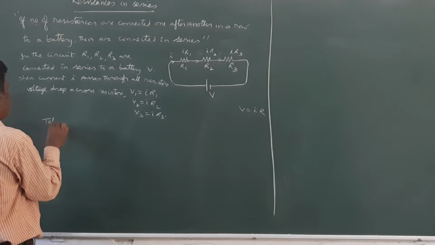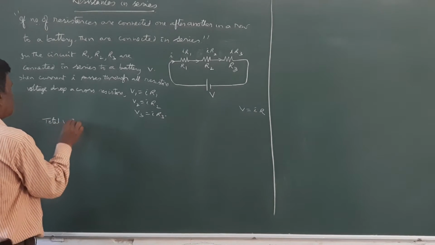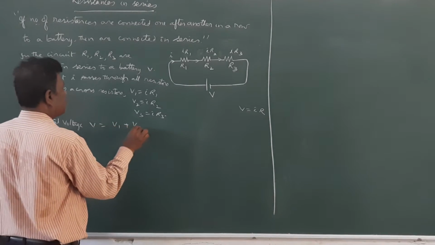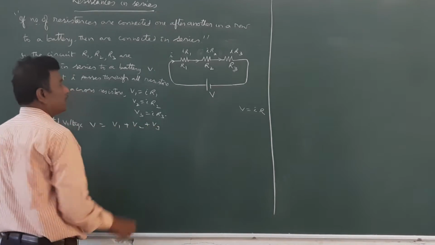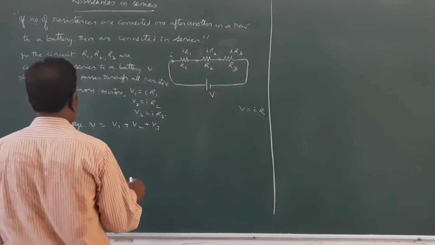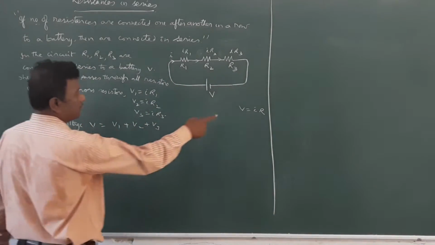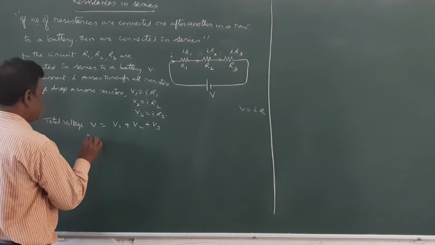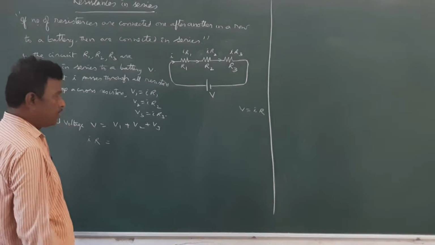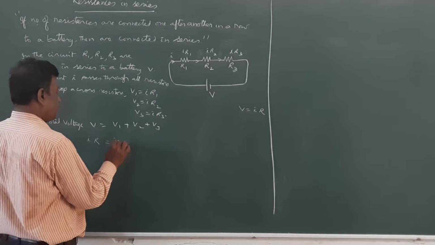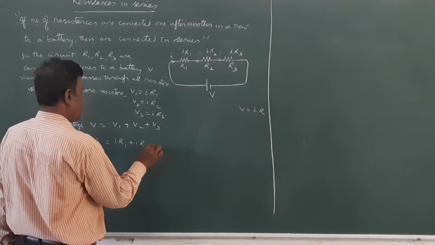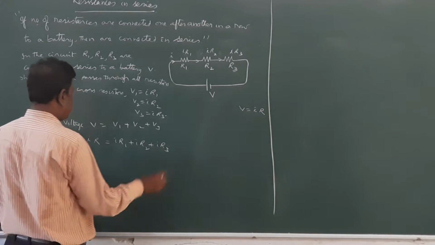Therefore, total voltage V is equal to V1 plus V2 plus V3, that is equal to voltage supplied by the battery. Therefore, if equivalent resistance is R, then IR is equal to IR1 plus IR2 plus IR3.